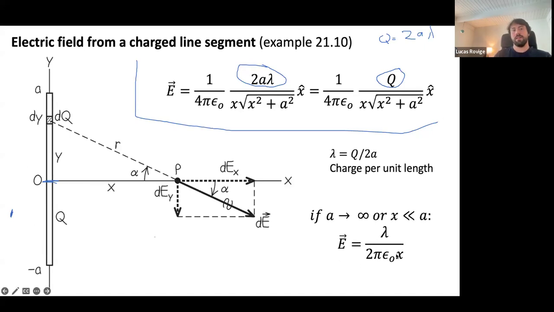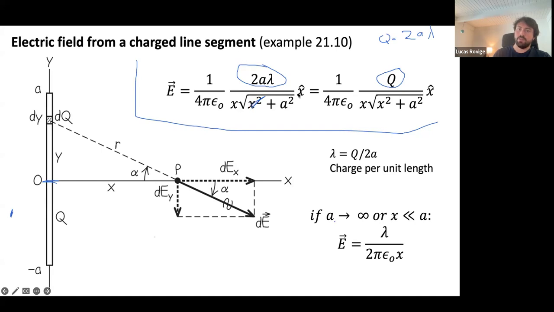Okay, and now we can see how this expression evolves if we're considering the case where either a, so this segment, is extremely long, almost infinitely long, or the case where we are extremely close to the segment. And I mean, they're kind of equivalent. So if a tends to infinity, or x is negligible, very small compared to a, then we have this term become negligible compared to this one.